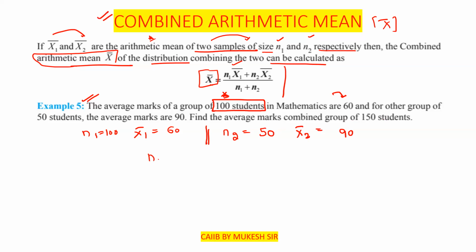So n1 plus n2 is 100 plus 50, which is overall 150.